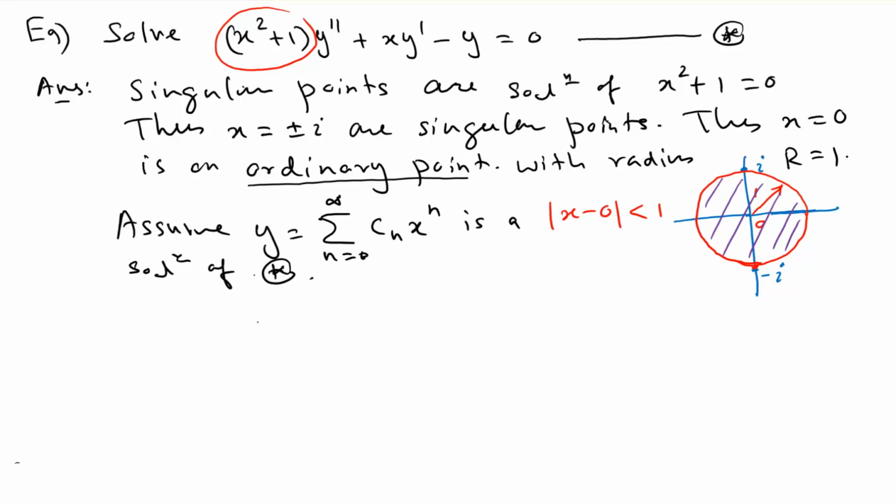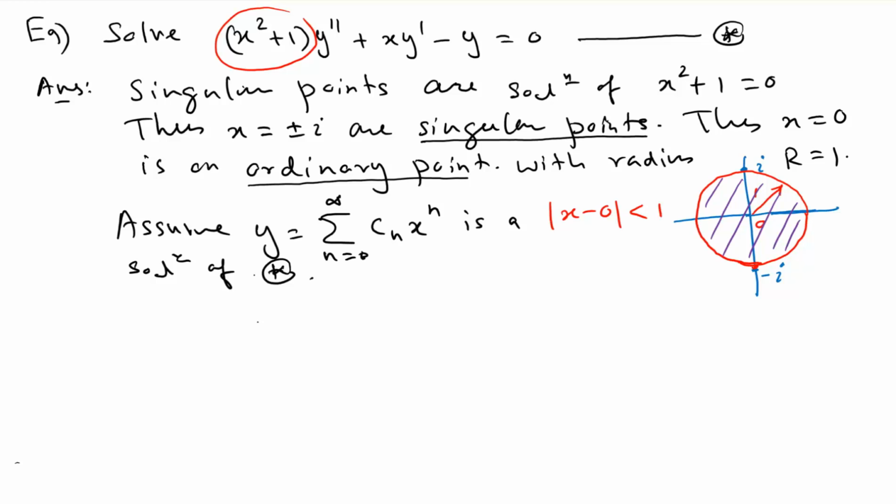Now everything is exactly the same. Just take the derivative, plug in there, write using one power series, set it equal to 0, and everything else is the same after that. But this is a little bit tricky because we have a singular point now that we did not discuss before. So let's try to finish the rest of the problem.